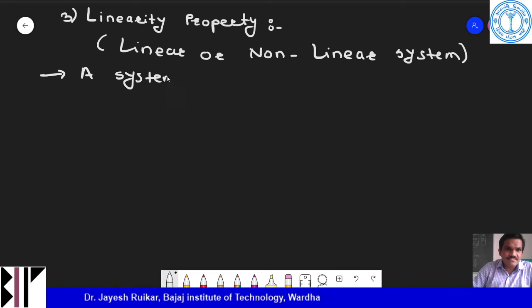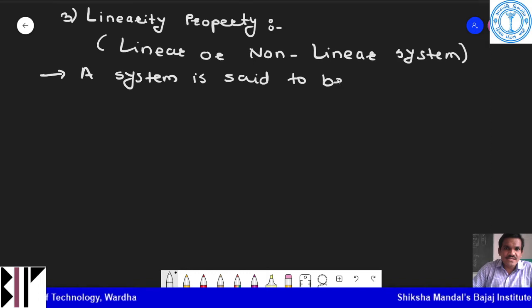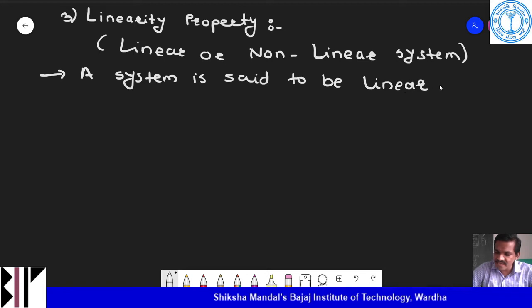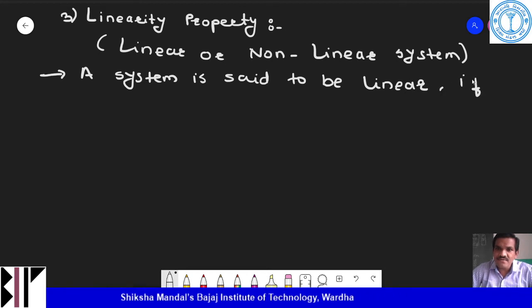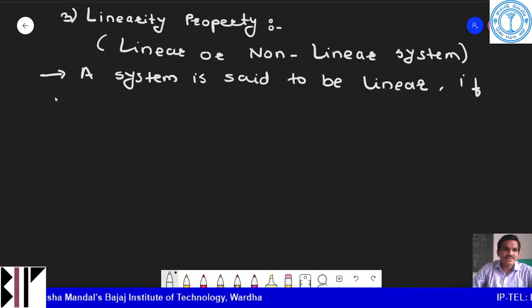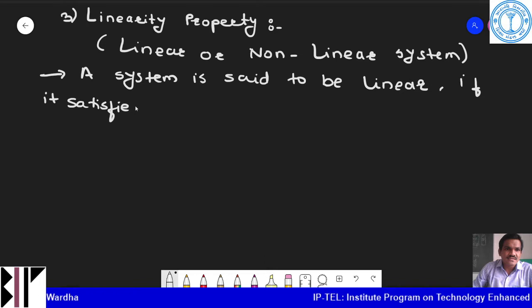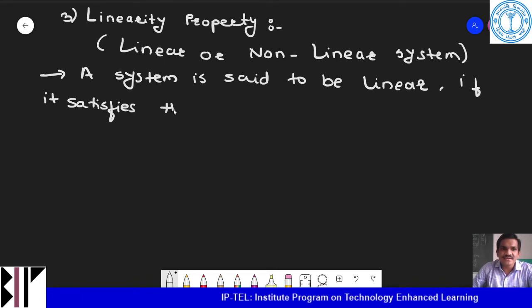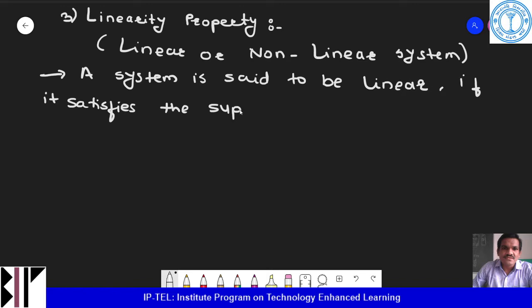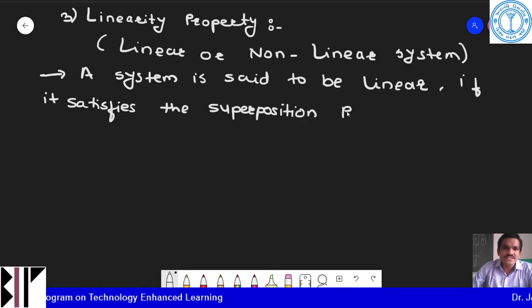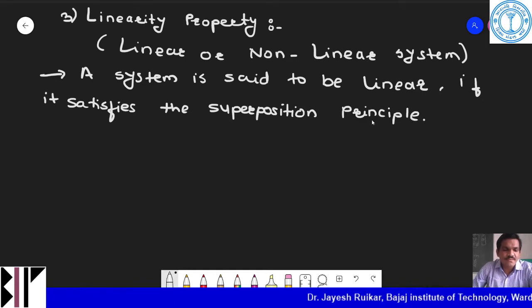A system is said to be linear if it satisfies the superposition principle.